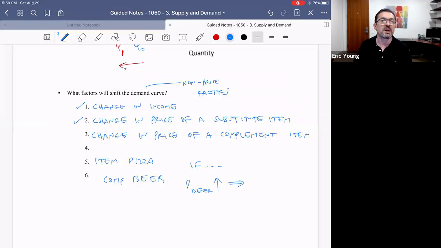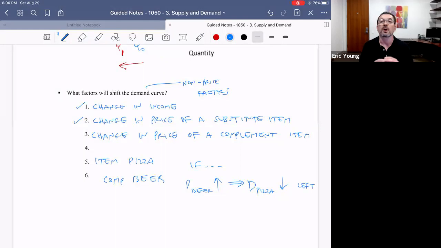If the price of beer goes up, you will, we predict, drink less beer, right? Law of demand. P goes up, QD goes down. So if the price of beer goes up, you will probably consume less beer. Since beer and pizza go together, if you consume less beer, you will also likely demand less pizza, shifting your pizza demand curve to the left.